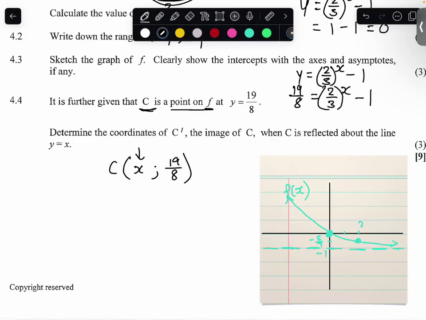I'm going to take that minus 1 over. 19 over 8 plus 1 gives me 27 over 8 is equal to 2 over 3 all to the power x. I'm going to prime factorize the 27 and the 8 individually. It's going to give me 3 to the power 3 over 2 to the power 3 is equal to 2 over 3 all to the x.